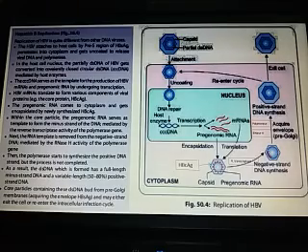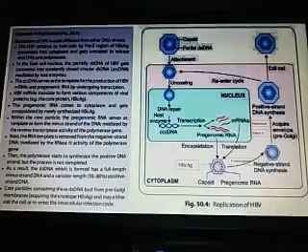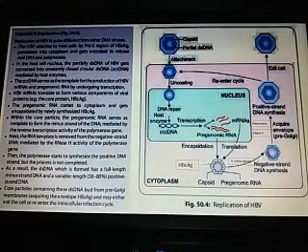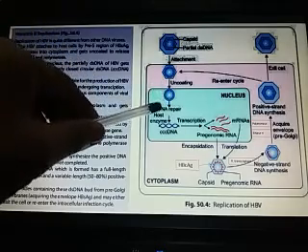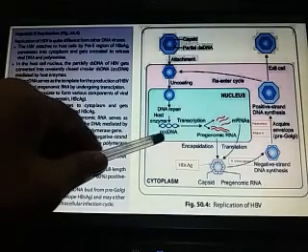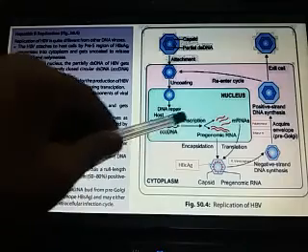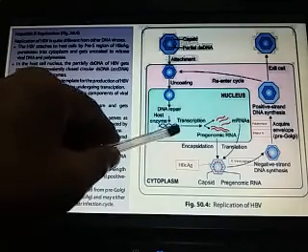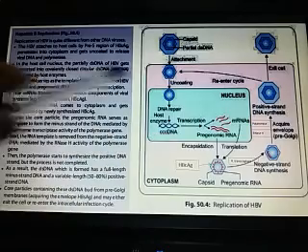For that, using the host DNA repair systems, the partial double-stranded DNA gets repaired by the host enzymes and forms the covalently closed circular DNA, that is the cccDNA.